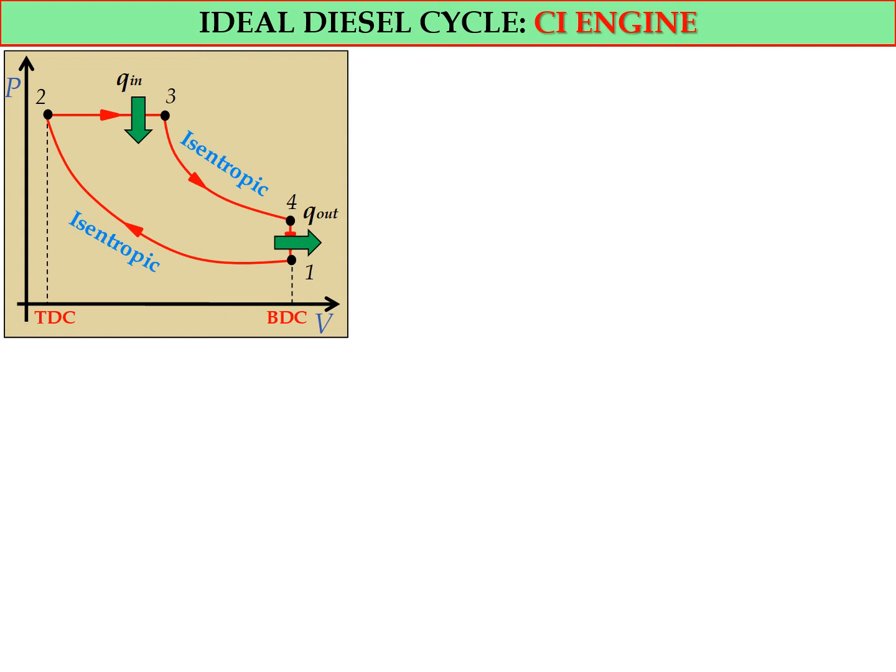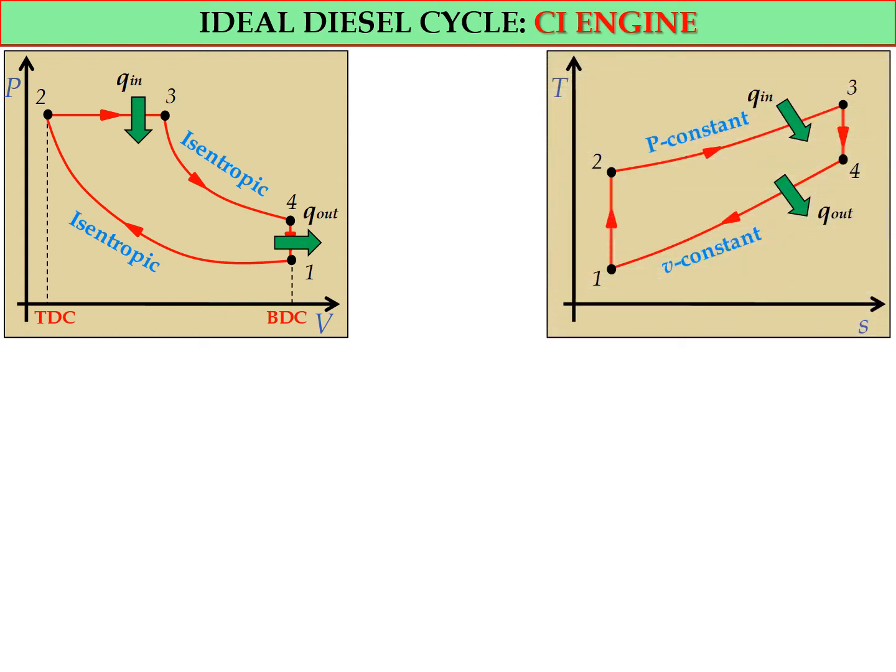As you can see, we have two isentropic processes, from process 1 to 2 and also process 3 to 4. We have the top dead center and bottom dead center, and then we have constant pressure heat addition from process 2 to 3, and constant volume heat rejection, process 4 to 1.